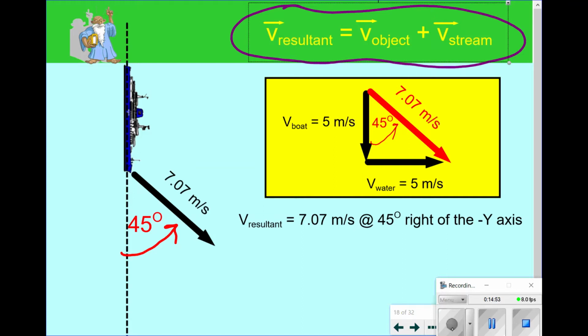Or again, I could use Pythagorean theorem and use my sine, cosine, or tangent to find what the angle is. There is no more correct approach for us. They are equally valid. So you just use the method that you're most comfortable with. And if later on in the course you decide the other method is more suitable to your likings, then you switch. That's totally okay.